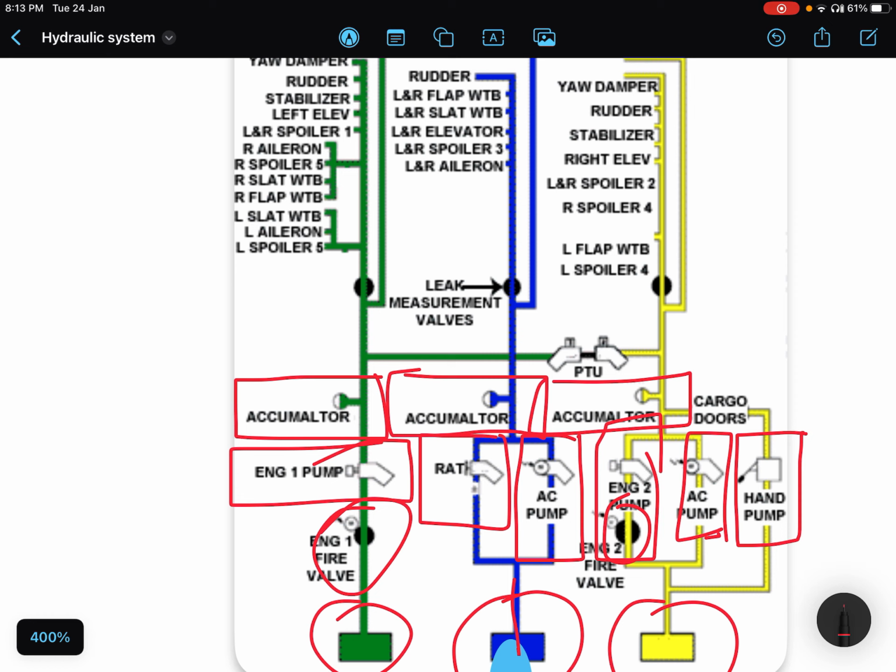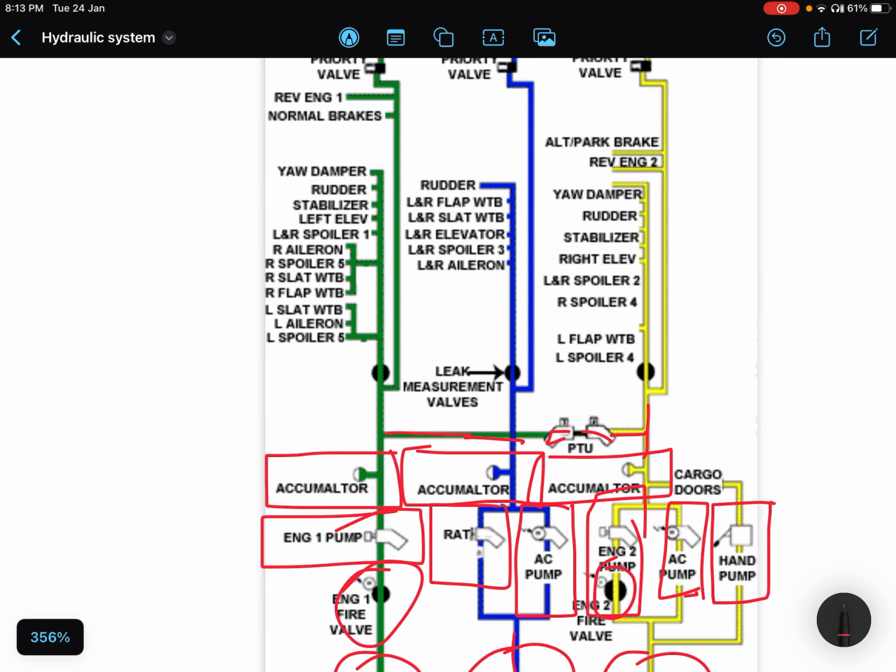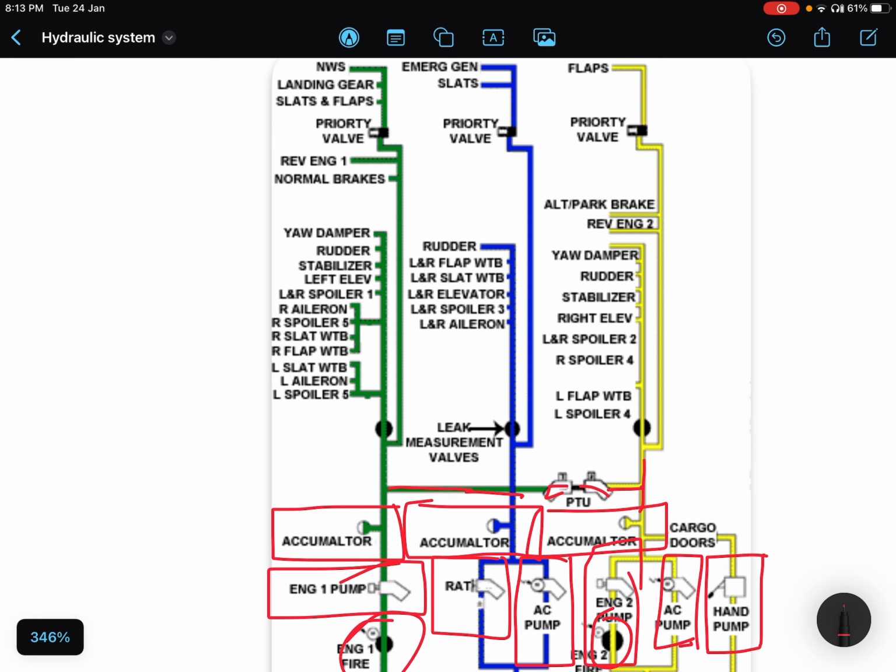Then we have a PTU, which is the power transfer unit, which connects the green system with the yellow system. Then we have leak measurement valves just before the controls, I should say just before the actuators.